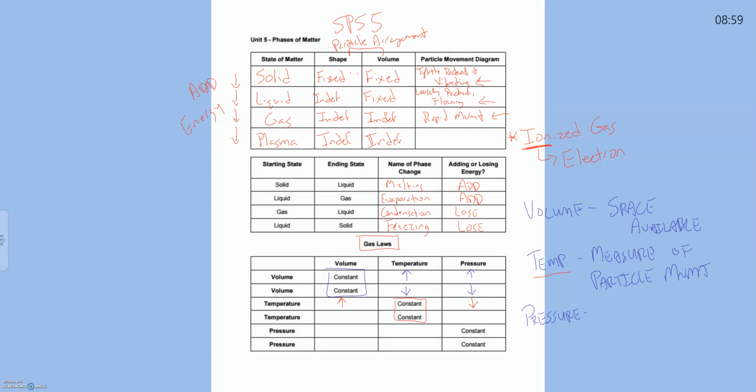But let's say we decrease the volume to, say, a closet. Now if you are still moving at that exact same rate, it's not going to end well for you. You're going to run into everything you encounter, so therefore the pressure is going to increase.